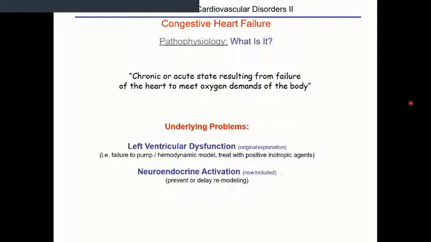So heart failure is a complex clinical syndrome characterized by impaired myocardial performance and progressive maladaptive neurohormonal activation of the cardiovascular and renal system. So this leads to circulatory insufficiency and congestion. So patients have problems in terms of providing enough blood to the system.